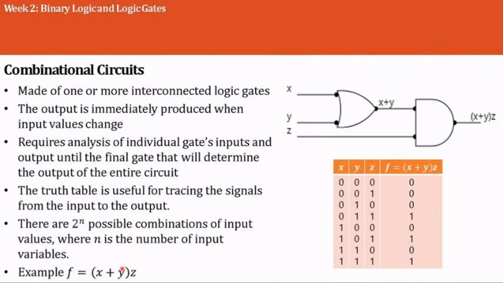So we have here an example. Let's say the function is equal to (x or y) and z. Again, our combinational circuits, or logic circuits, can be represented in three ways.